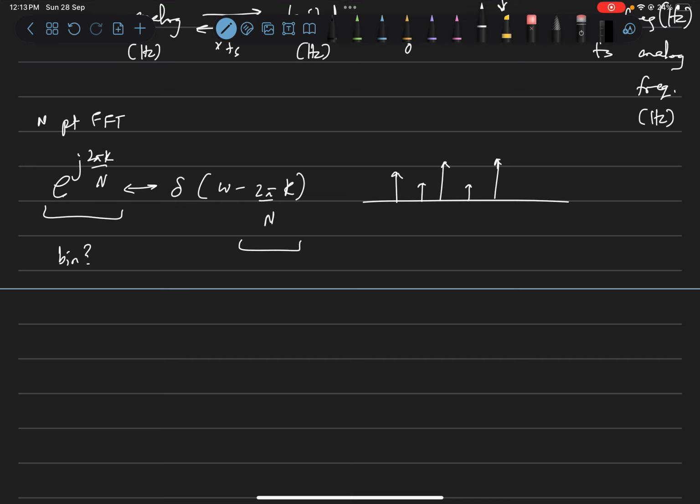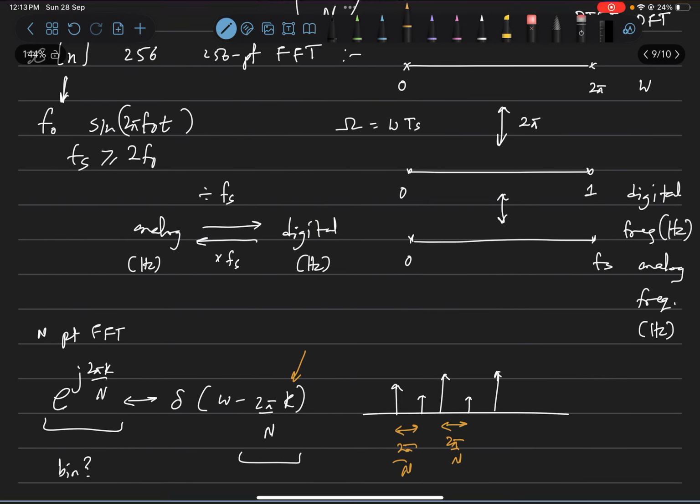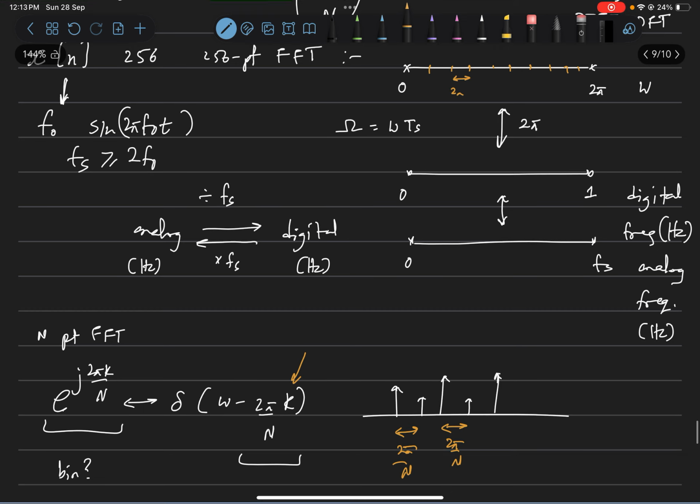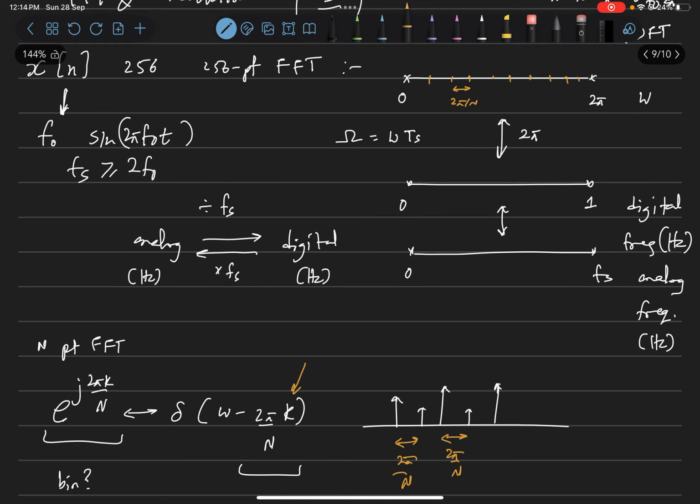So the spacing between any two will be 2 pi by N. All these are spaced by 2 pi by N, which means that the scale between 0 to 2 pi will be divided into N parts, where each part is 2 pi by N, since we have an N point FFT.